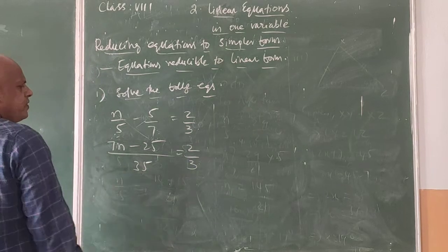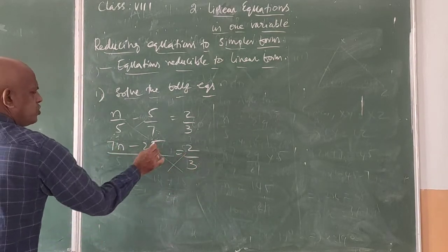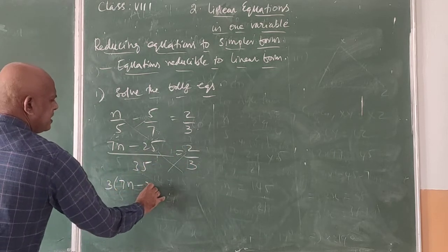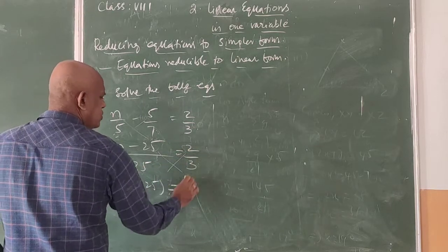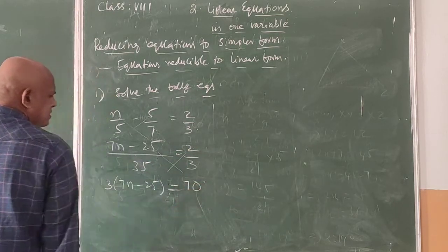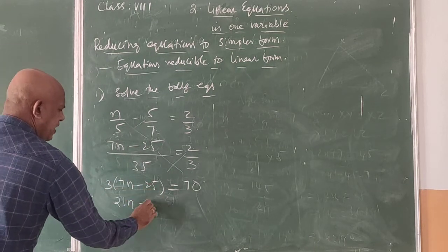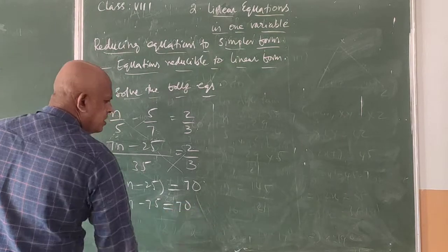Now we do cross multiplication again: 3 into 7n minus 25 is equal to 35 into 2, which is 70. So 3 into 7 is 21n, 3 into 25 is 75, equal to 70.